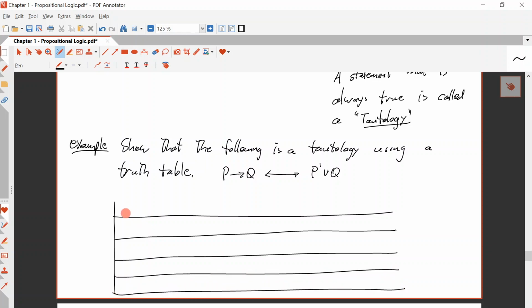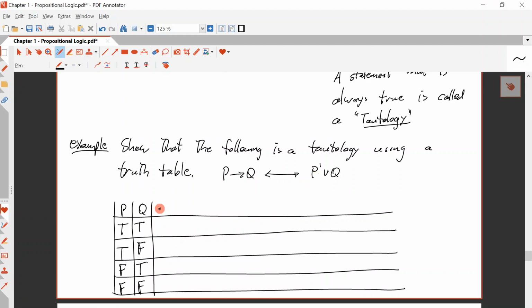So we've got P, we've got Q, and the 4 truth possibilities for P and Q are as follows: 2 true, 2 false, and then alternating true, false, true, false. So this is all 2 times 2 possibilities.